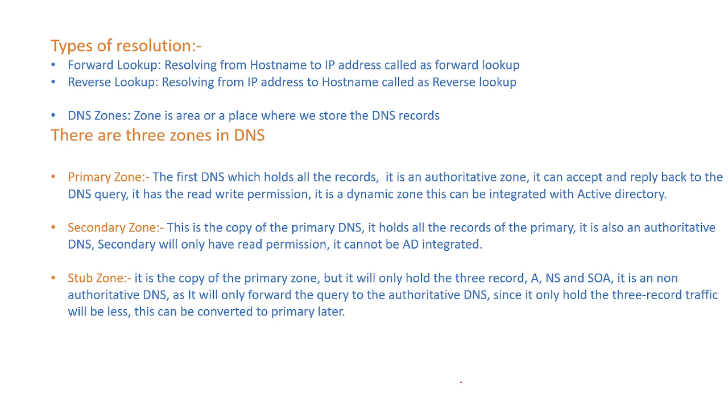So basically primary zones will have all the records. It is an authoritative zone, it is a dynamic zone. Okay, it can be AD integrated. That is about the primary zone. AD integrated means the replication will happen along with Active Directory replication. Okay, I'll show you now.